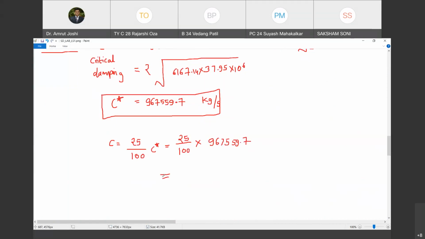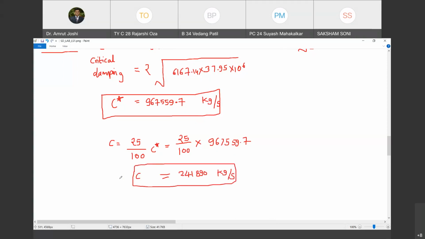This answer divided by 4 is what it is going to be. So it is 241890. Tell me, is it correct? 241890 kg per second. Yes. So this is the value of C that we are going to take.